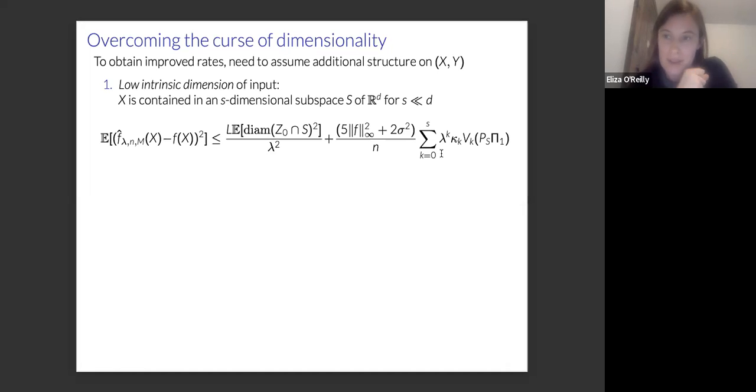If you tune lambda and m correctly, you get the same rates as I showed, but now, instead of the rates depending on D, they depend on S. Of course, this is a very strong assumption about the input, and still we're not seeing a dependence on the directional distribution. Again, the constants here depend on the directional distribution, potentially even more heavily, but the rate is automatically improved for any directional distribution.